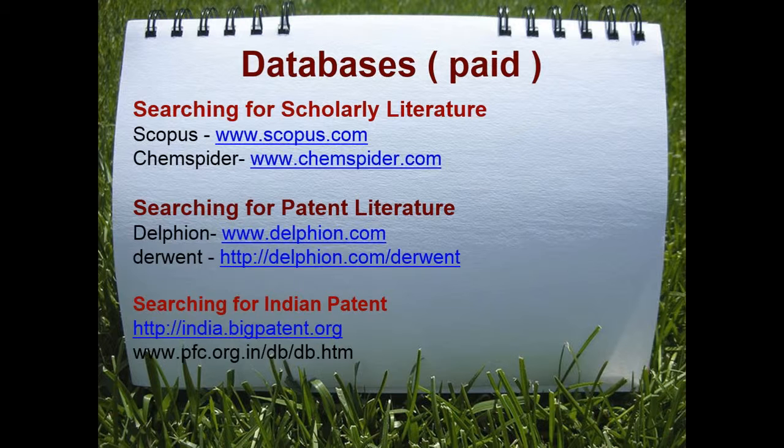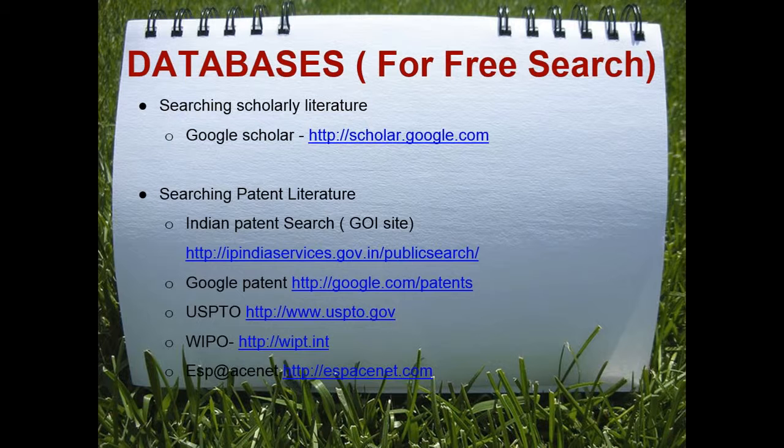So if you need a free search, if you are an amateur or starting an IPR cell like my college, then going for a paid database is an expensive proposition. If you want to go with an initial search, this slide gives you all the free search options. Normally a patent is created within a research context, and there are research papers submitted in conferences, so if you want to search those papers, Google Scholar will help you a lot.